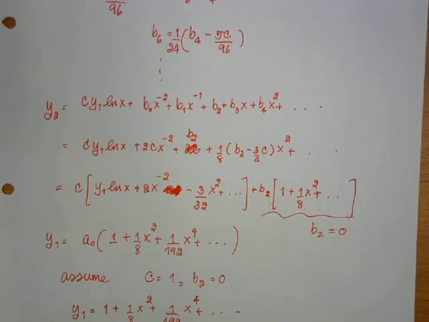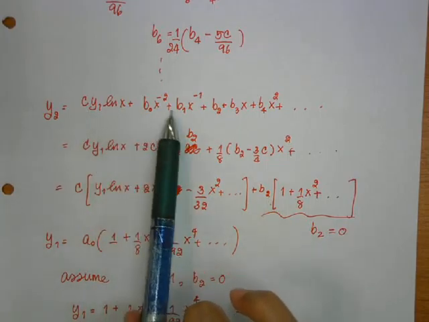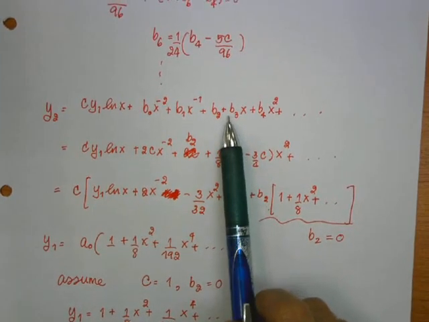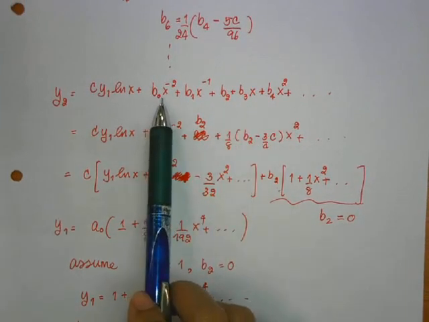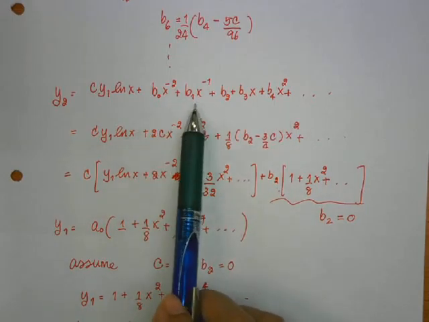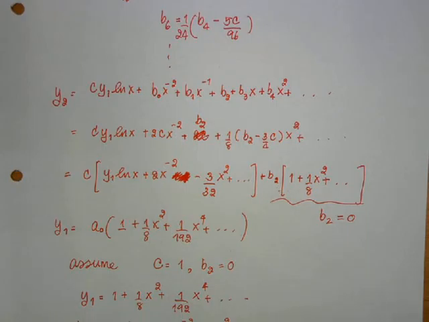But now we are going to write down our answer for y2, because we know that y2 is equal to c y1 ln x plus the series term. This term is just from replacing n equal to 0, 1, 2, 3, and so on. Then what you have to do is plug in the values of b in there: b1, b0, b1, b2, b3, but we know that b3 and b5 are equal to 0, right?